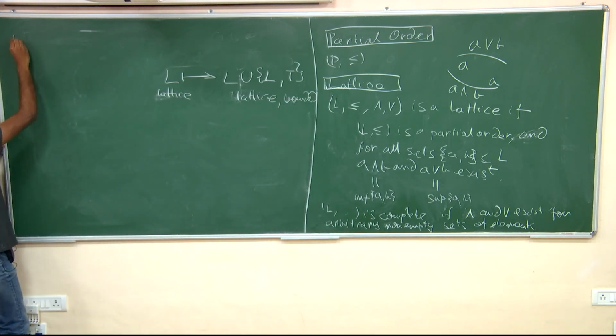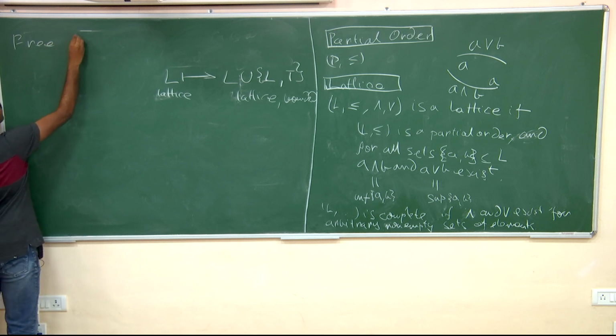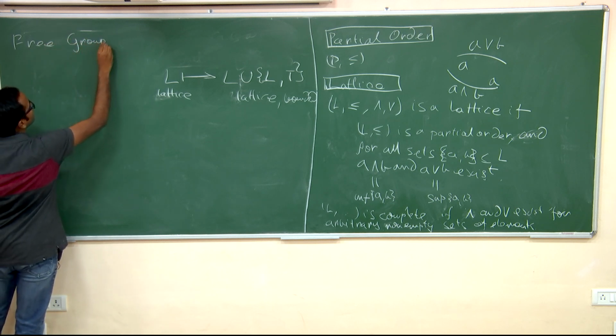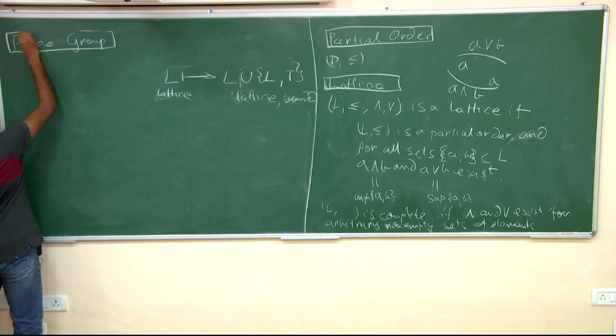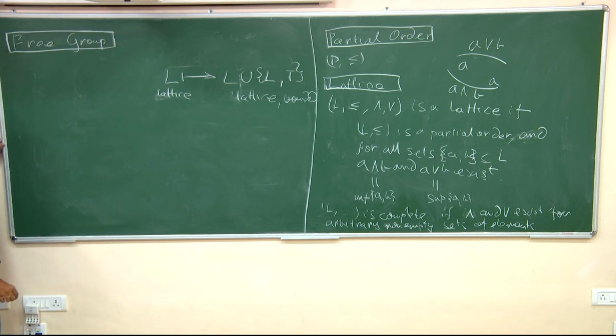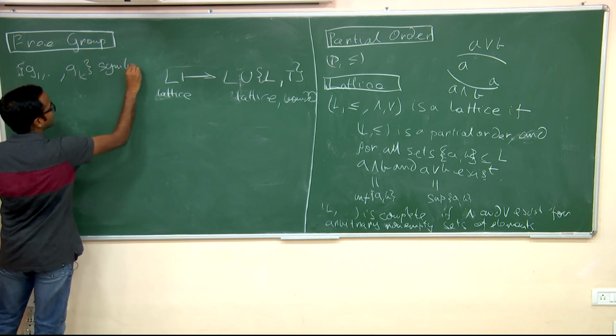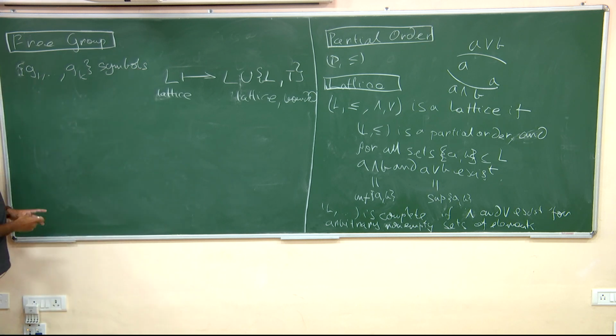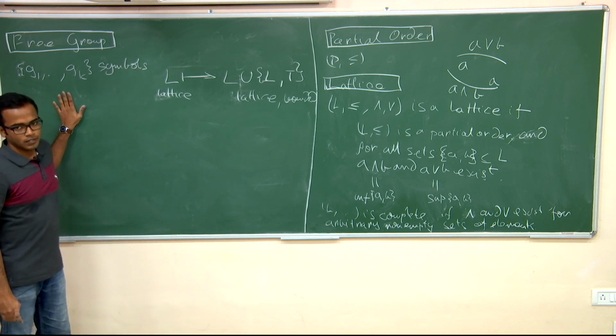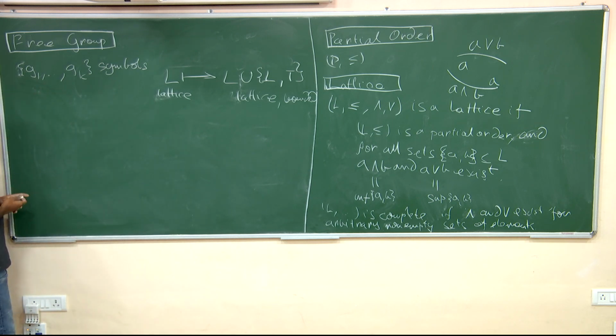Now we'll look at what's called a free group. So we have k symbols, and we have this operation which is called reduction.